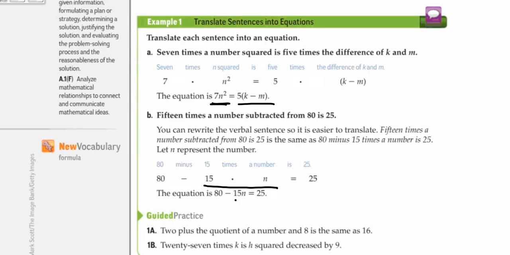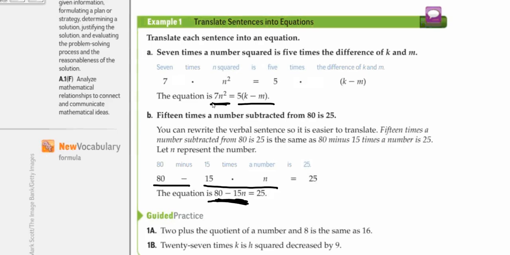That turns into 15n in the equation. And the fact that it's being subtracted from 80, that's where you get your 80 minus before the 15n. So that leaves you your expression on the left side of the equation, 80 minus 15n equals 25.